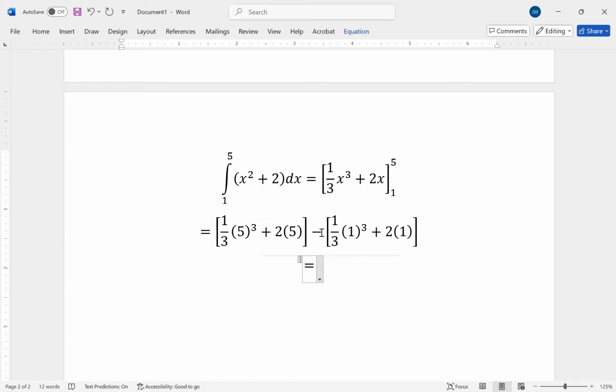I'll do this in a couple of steps. So 1/3 times 5 to the third power plus 2 times 5. That gives me 51 2/3. When I take 1/3 times 1 to the third power plus 2 times 1, I get 2 1/3.